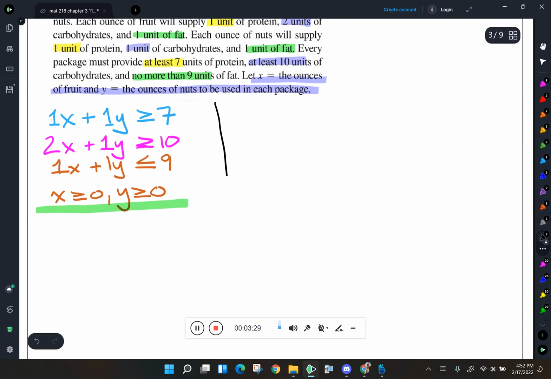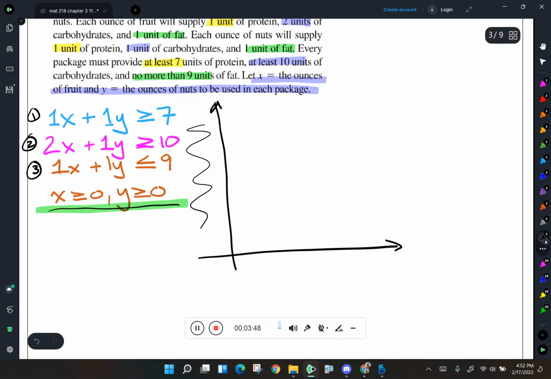Now the really nice thing about that non-negative condition is it lets me only use the first quadrant. Okay? So doing what I did before, I'm going to call this 1, 2, and 3. I know that my non-negative conditions say don't worry about over here, don't worry about down here, and don't worry about down here because we can't have negative variables.